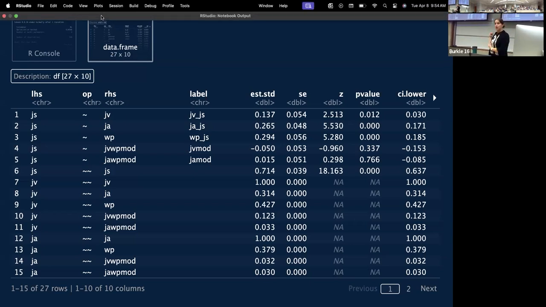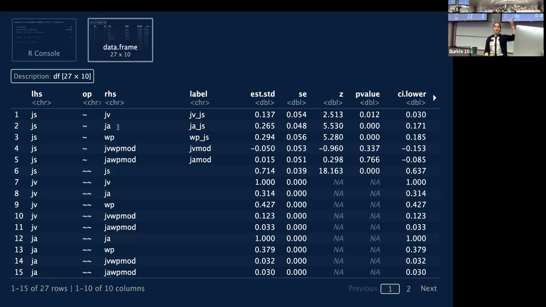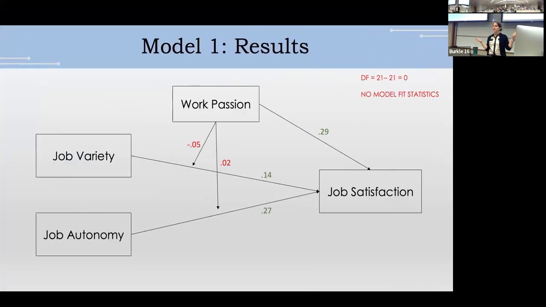So we proceeded to look at our model parameters. Job variety, job autonomy, and work passion all significantly predicted job satisfaction. Stats. However, work passion did not moderate the relationship between job variety and satisfaction or between job autonomy and satisfaction. See table X for all model parameters.